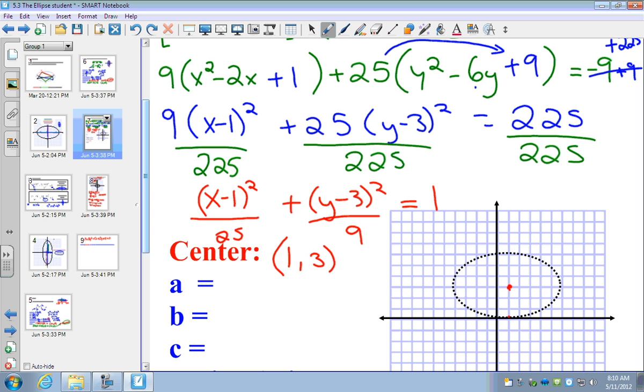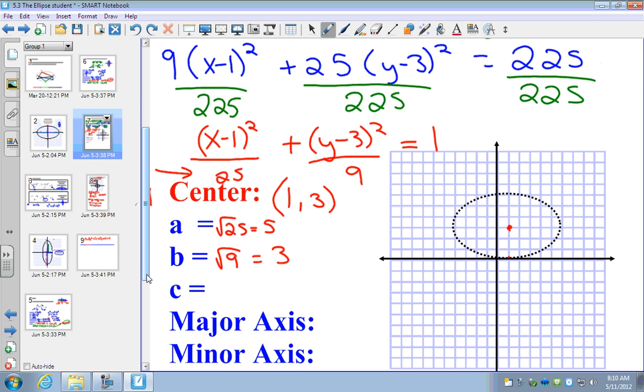We notice that my bigger term is under my x, so that's why it is a horizontal ellipse. My a value is going to be the square root of 25, which is equal to 5. My b value is going to be the square root of 9, which is 3. And to find c, remember it was c squared is equal to a squared minus b squared.